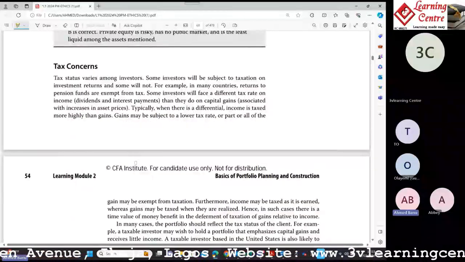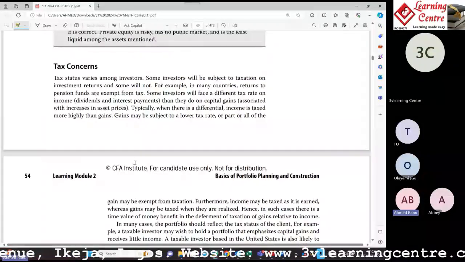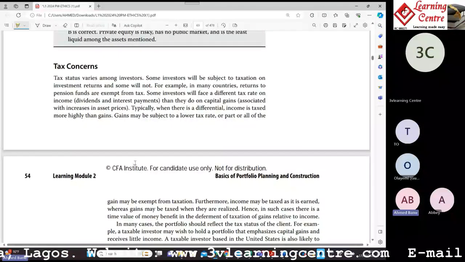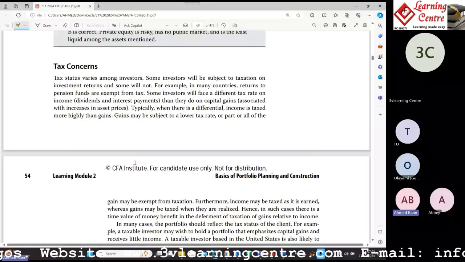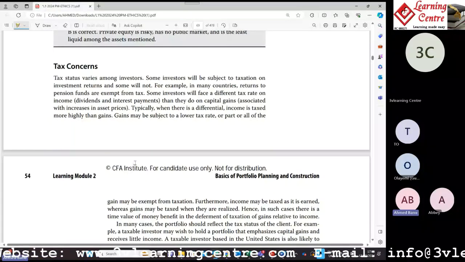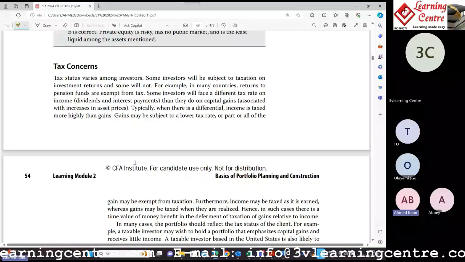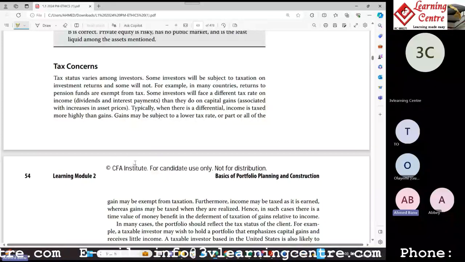Taxes, tax concerns. I always say this a lot, and I like to say this jokingly. In a country like Nigeria, when we invest, we are not particularly focused on taxes. But in other climes and the well-developed countries, tax, you cannot run away from it. You cannot evade tax.